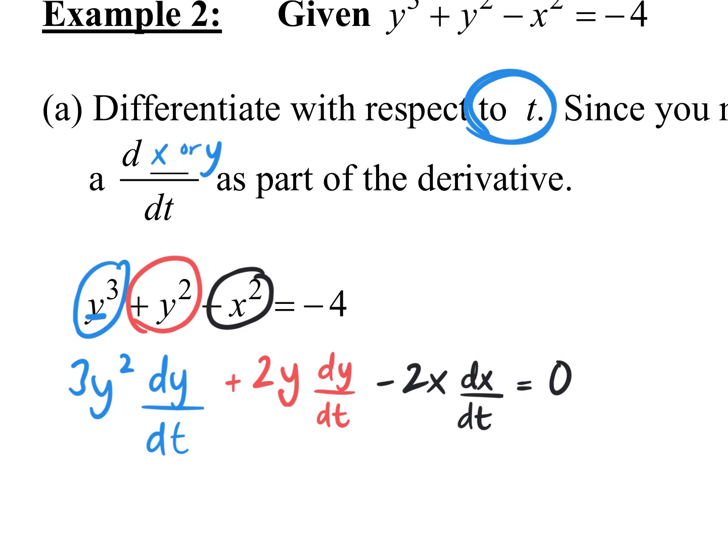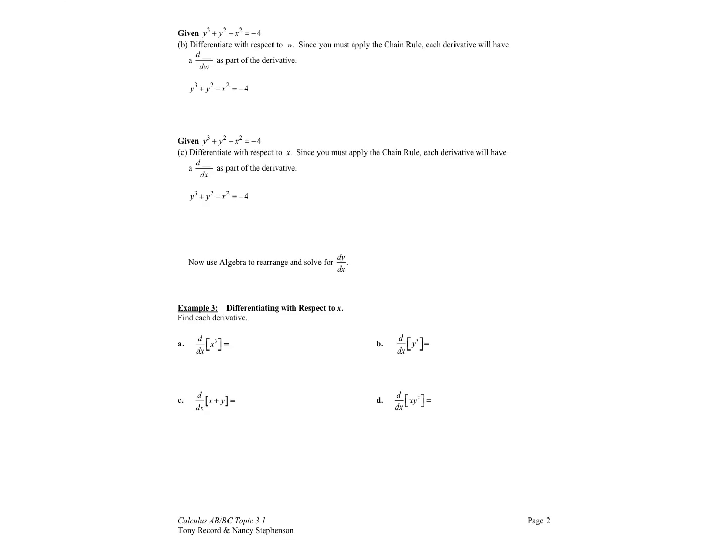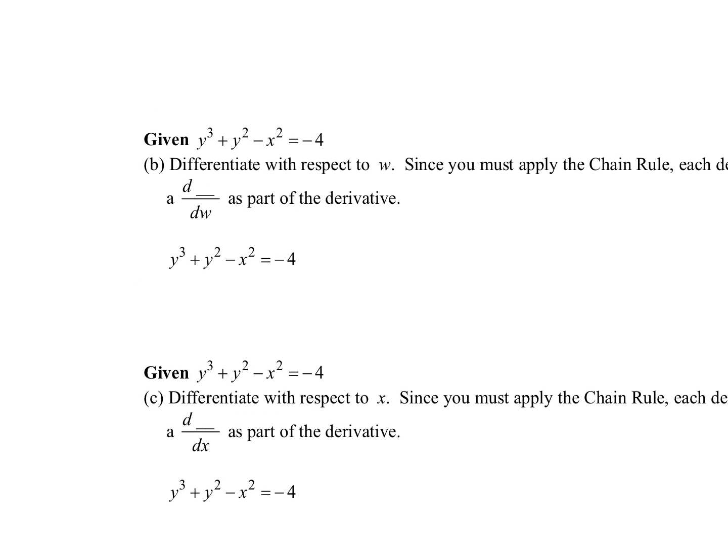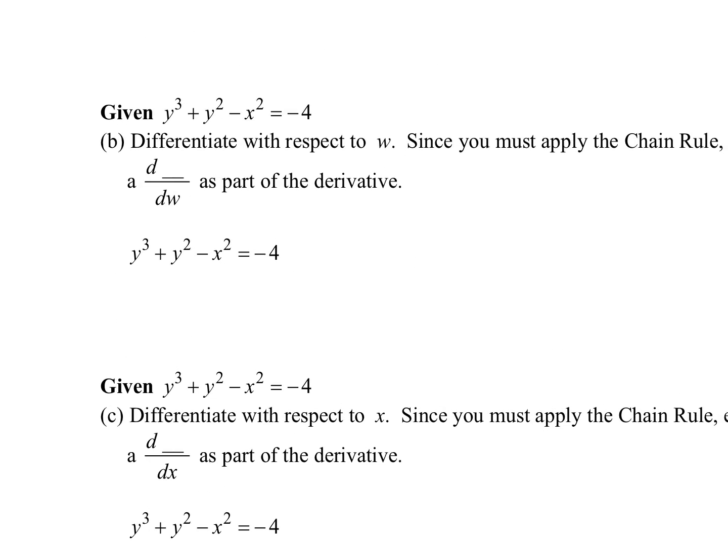Okay? All right, moving on to the next page. Okay? Because this next one, part B, is the exact same type of problem, it's the exact same function. However, we are differentiating it now with respect to w. So the only thing that's changing is the denominator. Instead of it being dt, it is now dw.